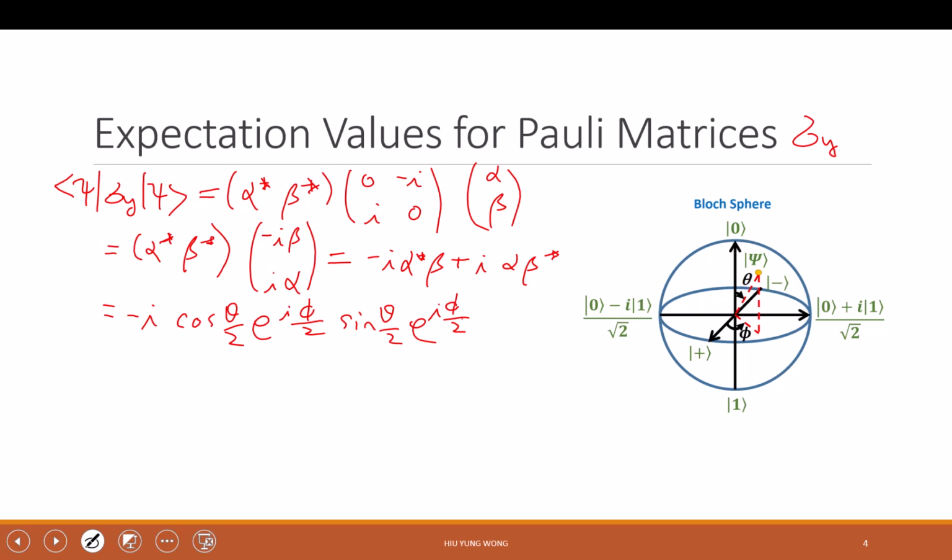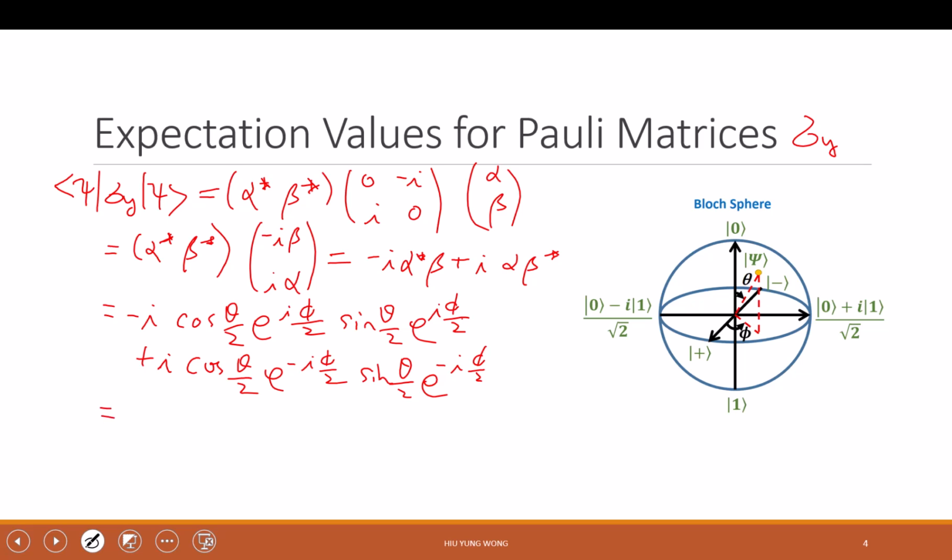Okay? And then i, and alpha is cosine theta divided by 2, e to the power negative i phi divided by 2. And then beta, this time it has star, so e to the power negative i phi divided by 2. So actually, it's pretty similar to sigma x.